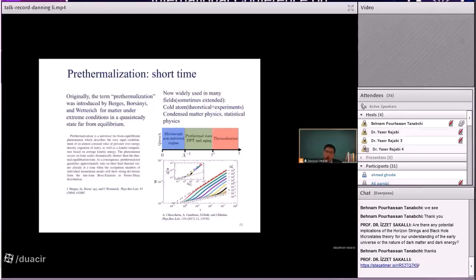However, if you scale the time and the order parameter with the initial value of the order parameter, then all these curves merge together and show some universal scaling.